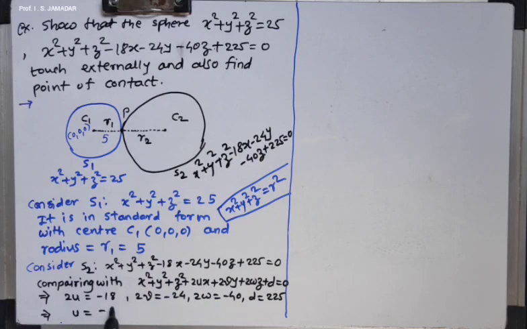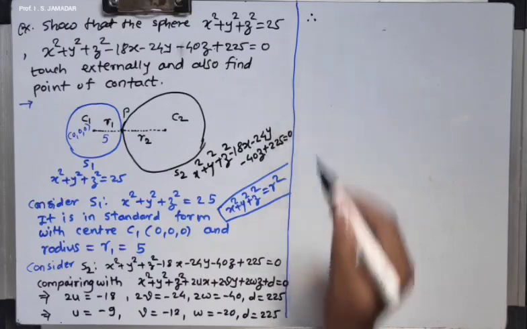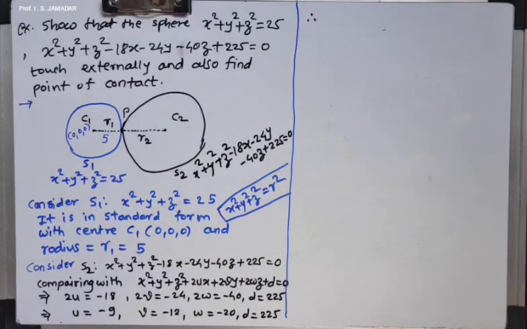U is minus 9, v is minus 12, w is minus 20 and d is as it is 225. So once you get the values of u, v, w and d, you can write down the center and radius for that second sphere.